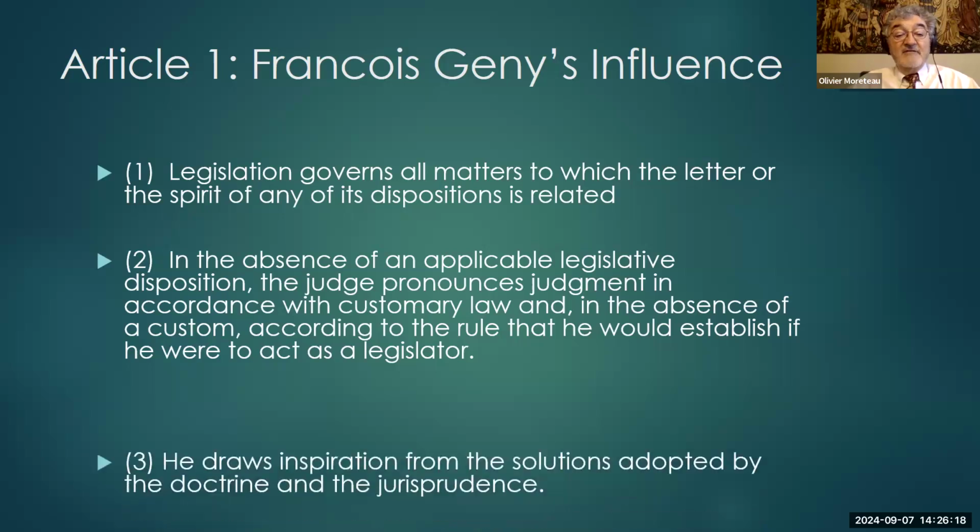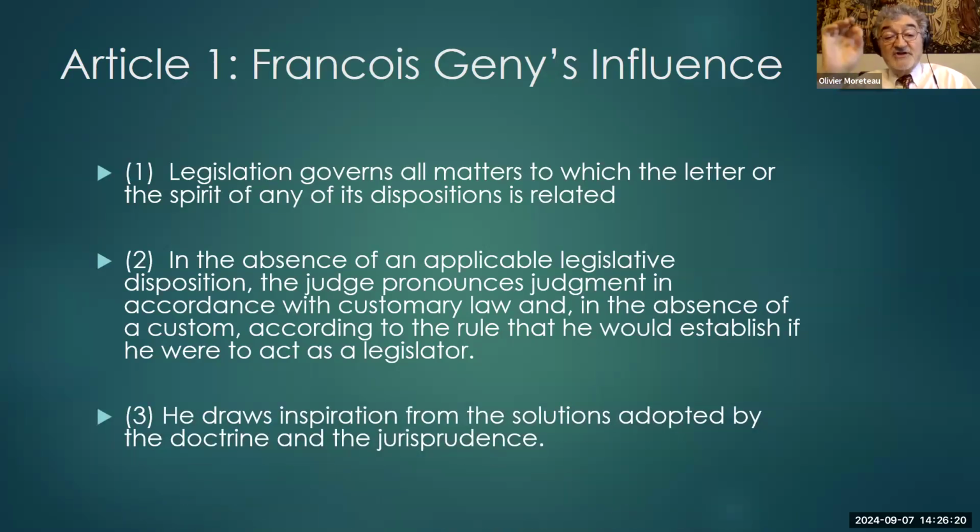And finally, the third paragraph says that the judge, in doing so, is drawing inspiration from the solutions adopted by the doctrine, so looking at legal writing, and the jurisprudence. So the judge has to be informed about the work of the court and past court decisions.